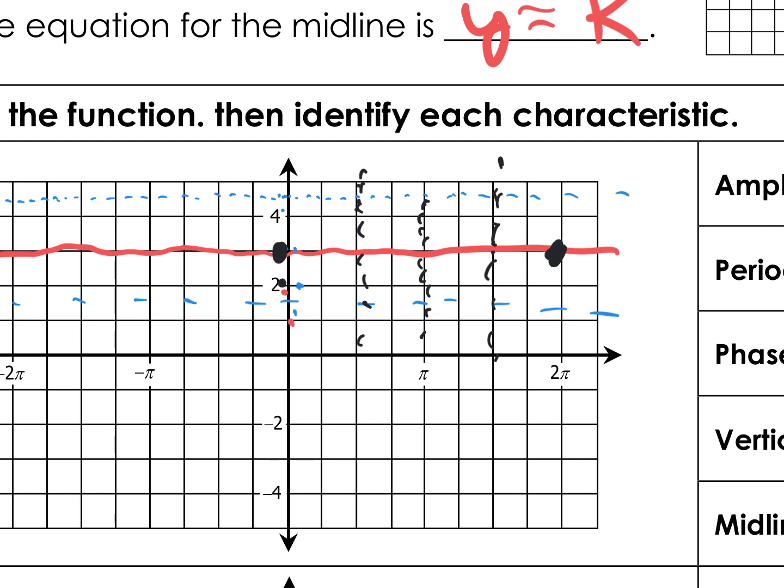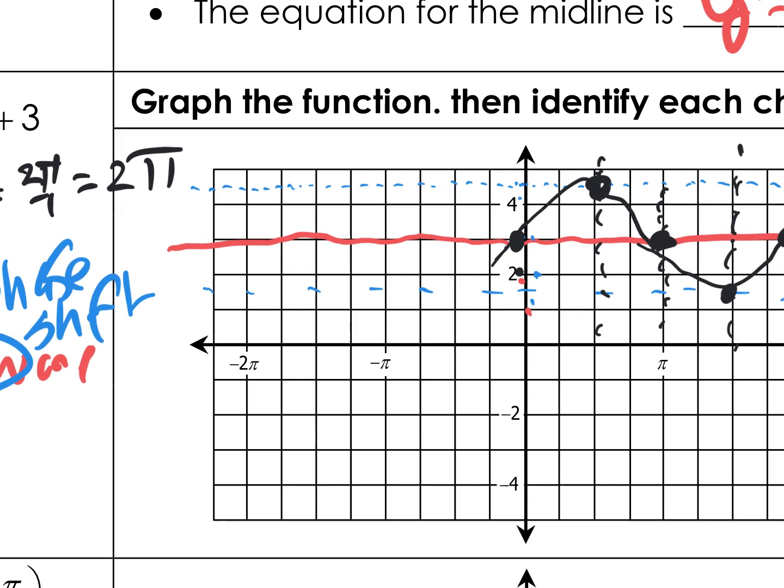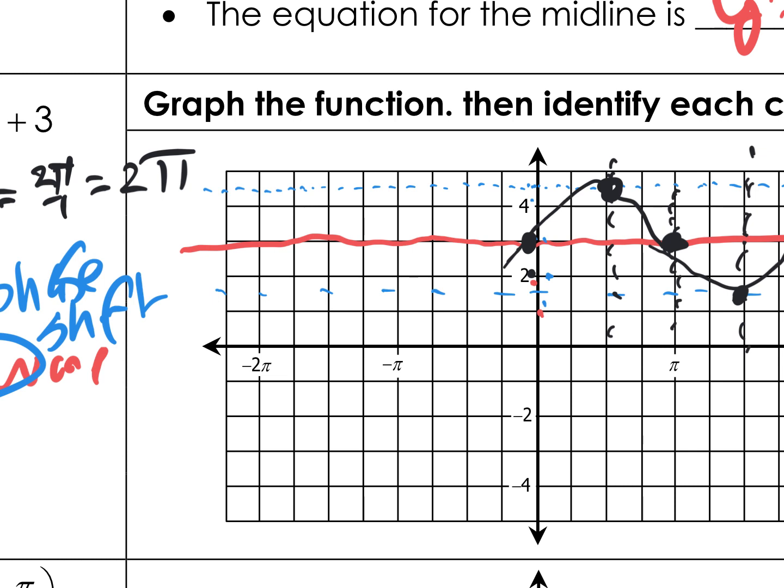All right, it's just a regular sine. Start in the middle, go up to the top, come down to the middle, go to the bottom, go to the midline again. And then you make a smooth curve. No teepees. The other side is just a mirror image, exactly. So I know at negative 2 pi is where it's going to end.